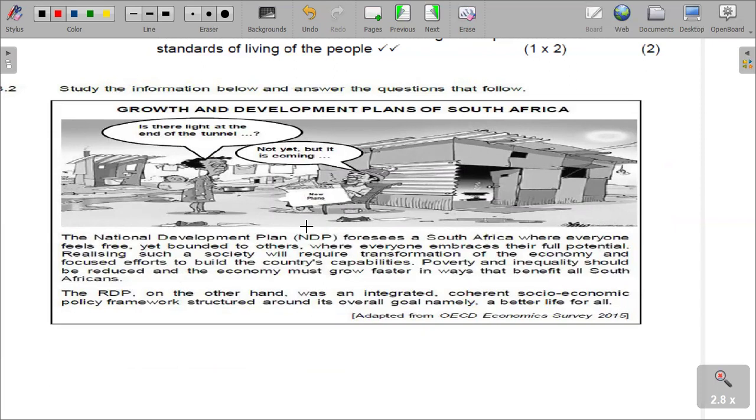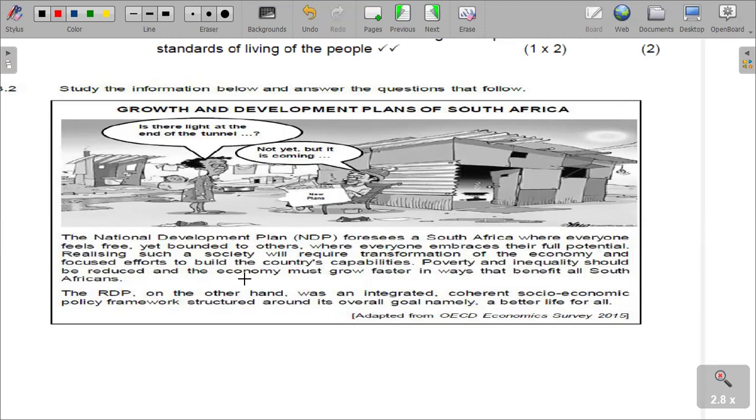So we are given that the National Development Plan, NDP, foresees a South Africa where everyone feels free yet bound to others, where everyone embraces their full potential, to say whatever everyone has as a potential can be realized. Realizing such a society will ensure transformation of the economy and focused efforts to build the country's capabilities.